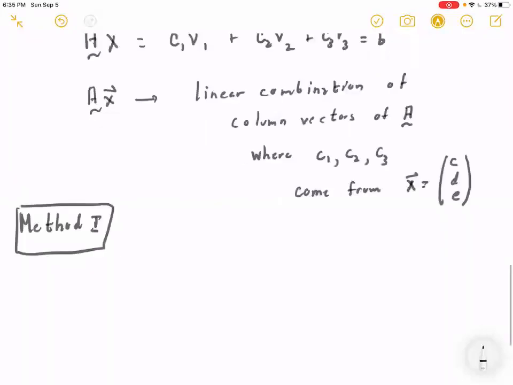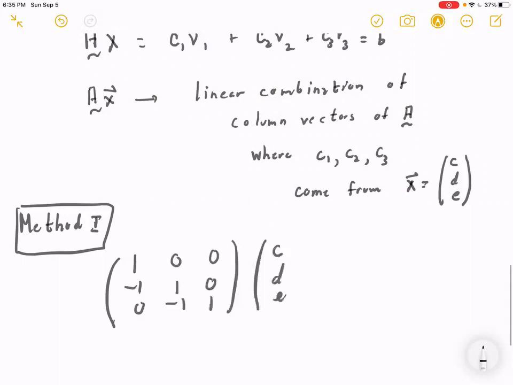Here's an example. Here's a matrix A. Here's a vector x.